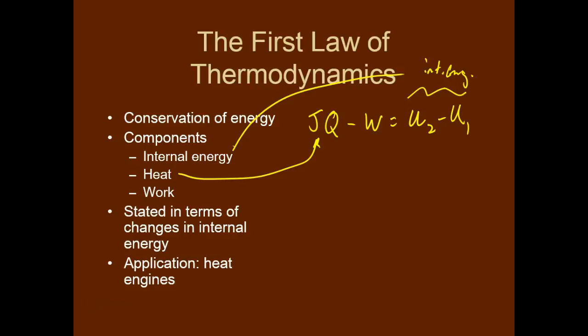In other words, you're at steady state, and your internal energy is not changing, then 0 is equal to JQ minus W. Now add W to both sides and rearrange it, and say W is equal to, now they do something weird here, JQ, but now they make it Q high minus Q low.